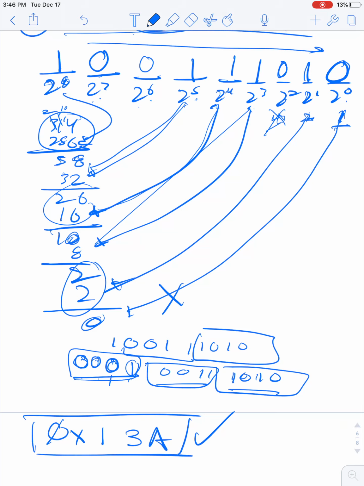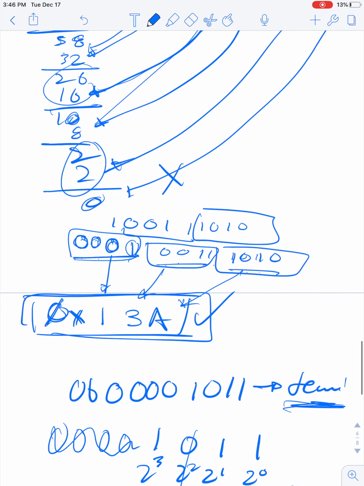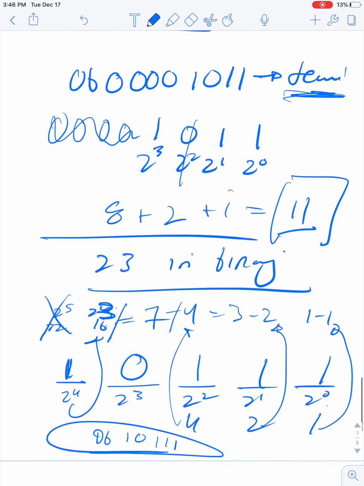For this one, 0, 0, 0, 1 equals 1. 0, 0, 1, 1 equals 3. And 1, 0, 1, 0 corresponds to, let's see, A. And then, of course, you use the hexadecimal notation to indicate your final answer.